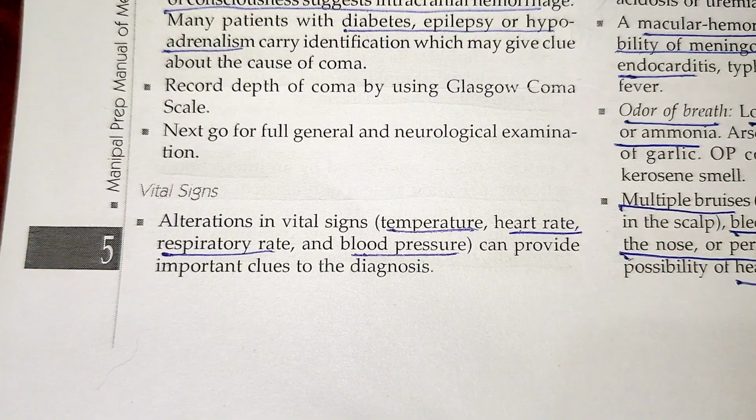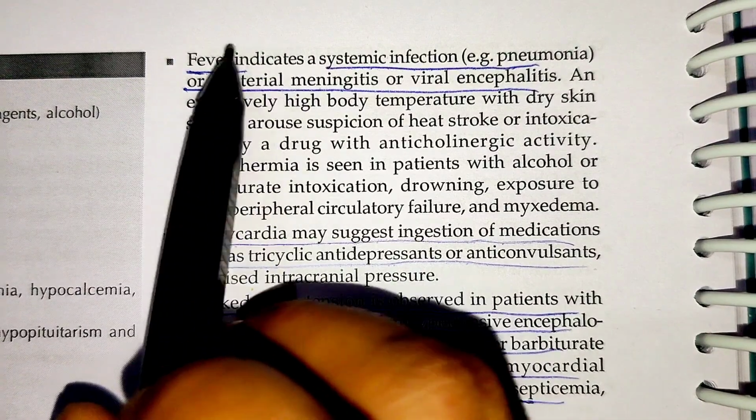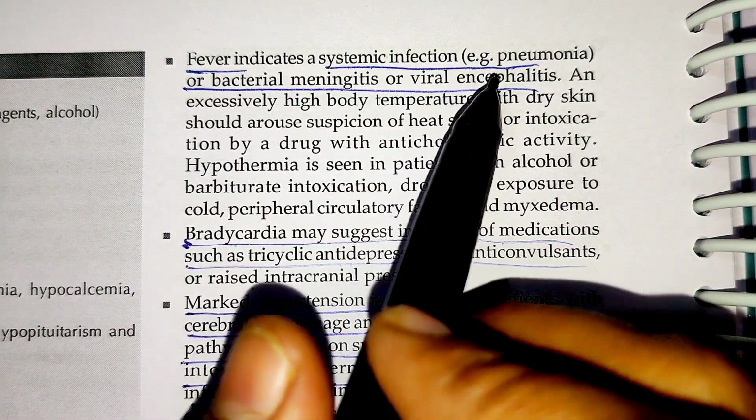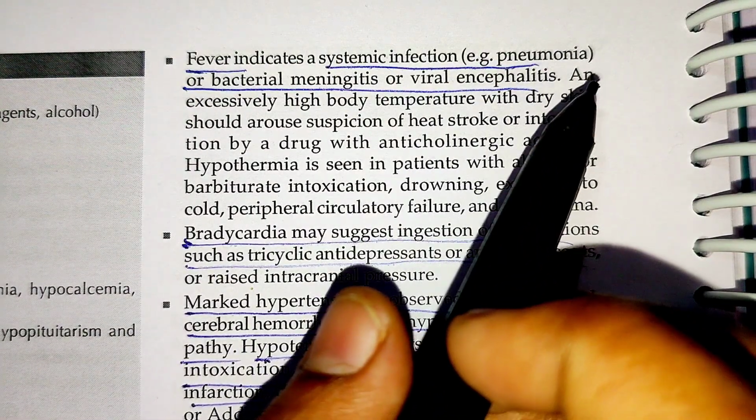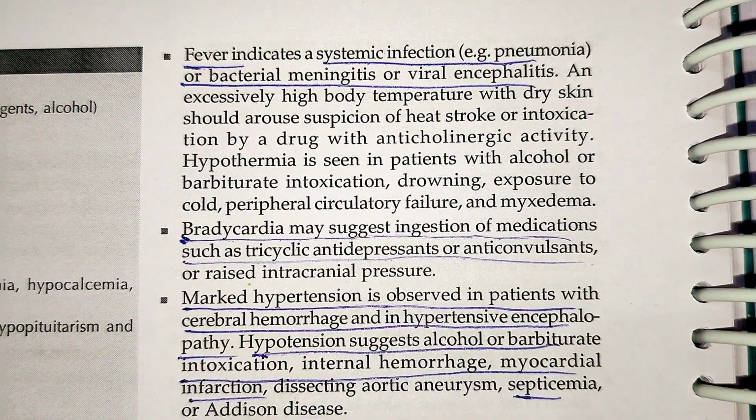Then we should check the vitals, which is nothing but temperature, heart rate, respiratory rate, and blood pressure. If there is an increase in temperature, that is fever, it indicates systemic infection. For example, it may be pneumonia, bacterial meningitis, or viral encephalitis.